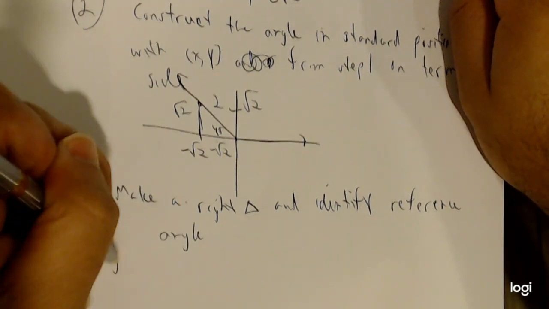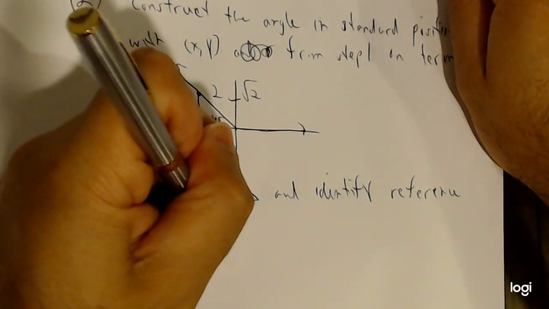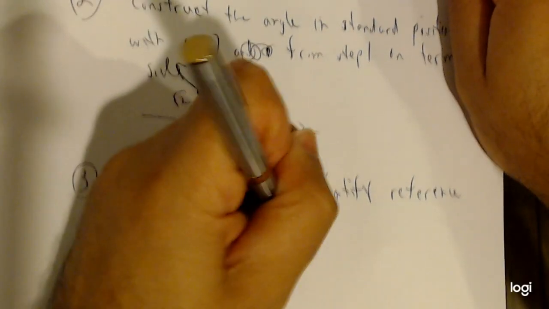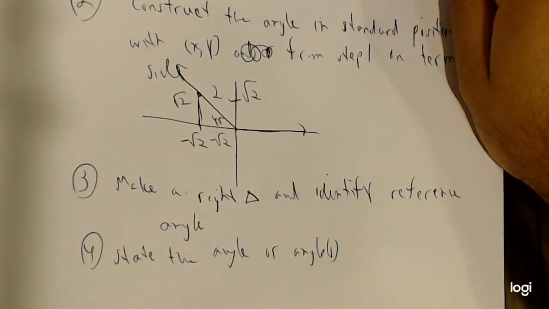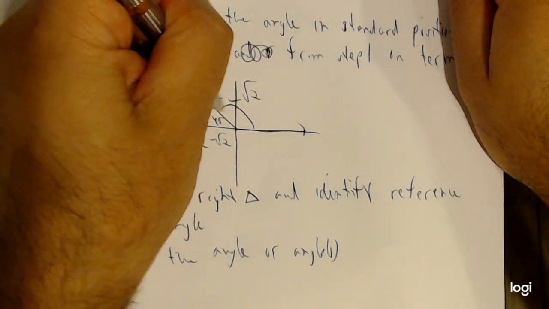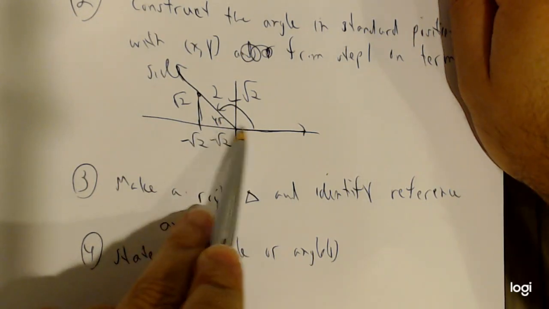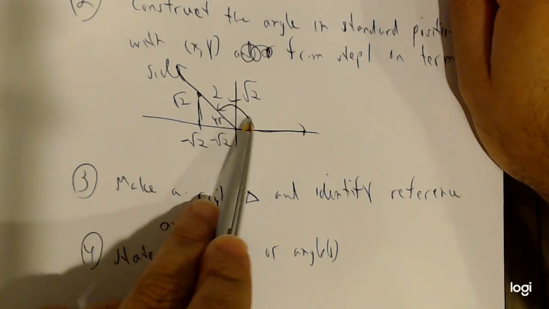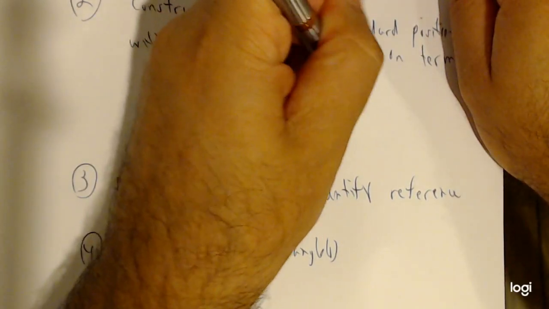And then we state the angle or angles. Sometimes we might have more than one angle, okay? But in this case, we only have one, as you could see. So the angle I want is that one. And I'm going to give it in radians. We could find this in degrees as well, but we know it's in radians, and since it has a reference angle, it has to be some number pi over 4.